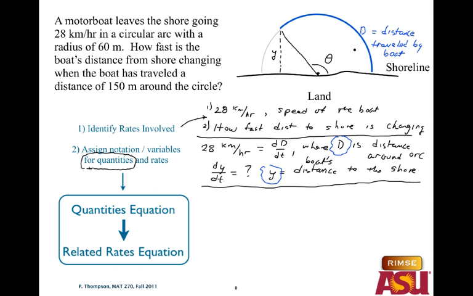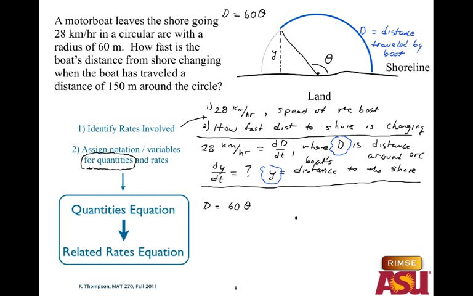So what is D? If the radius is 60, it's going to be 60 times, not sine theta, 60 times theta. Why?